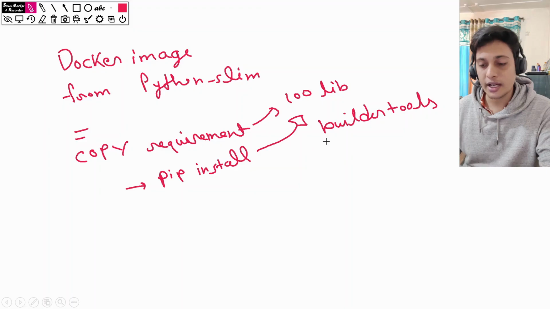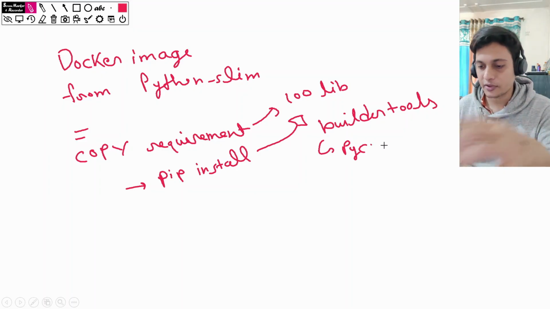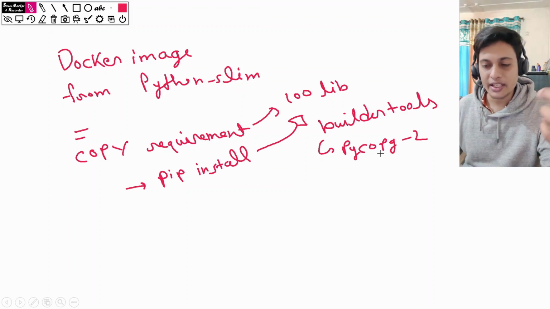These builder tools are required for, say, psycopg2. Just don't look at the spelling, I forget it every time. This psycopg2 and many other libraries use the builder tools to create the setup which can be used inside the application.